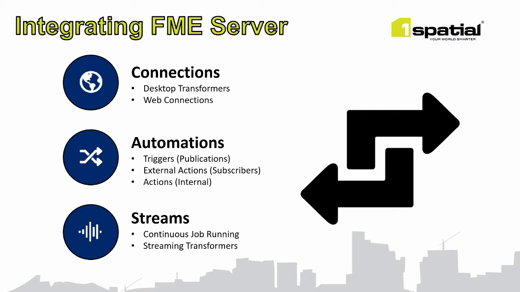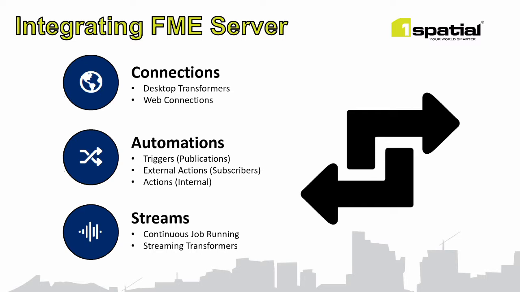Secondly, and my personal favorite, is automations, which are a means of implementing top-level workflows to tie in your workbenches, coupled with triggers to invoke your automation, external actions to trigger external systems, and internal actions, such as running workbenches, logging, and so on. Finally, we have a relative newcomer as of the 2021 release, which is streams.